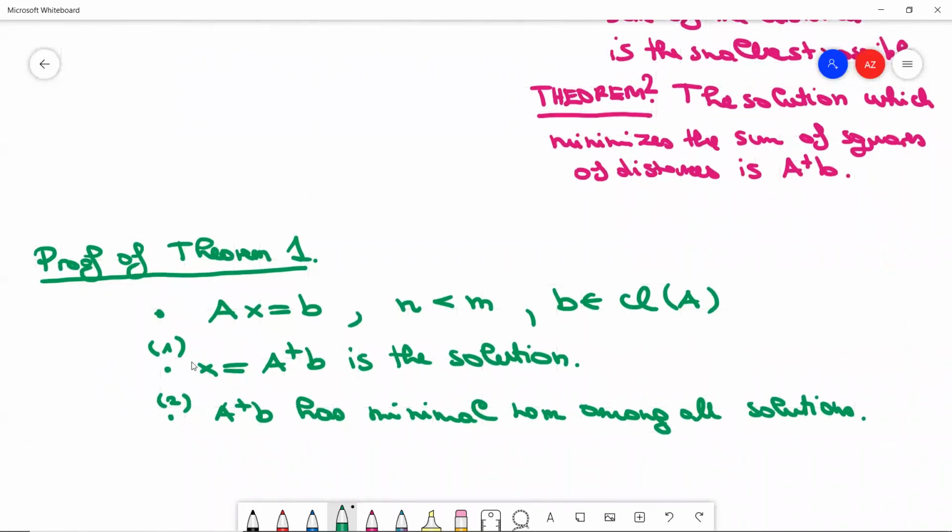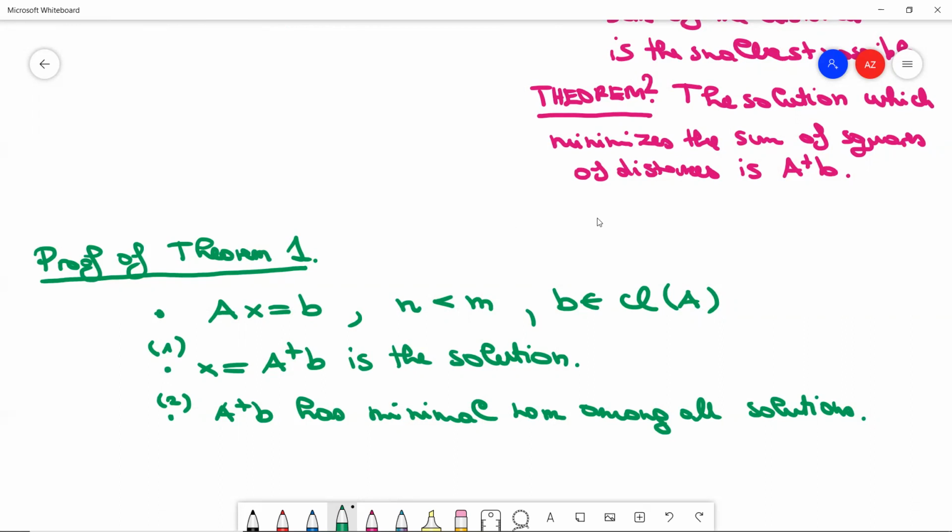So one of the parts is something which we already know. And of course, the first part is the part which is easier and we already know. Does somebody see why we already know that part 1 is true? This is what we already know from lecture 2.